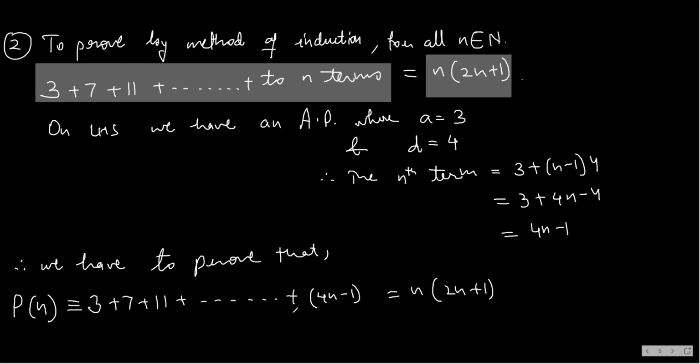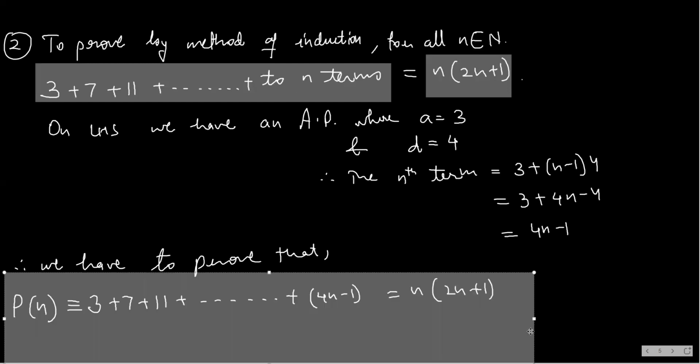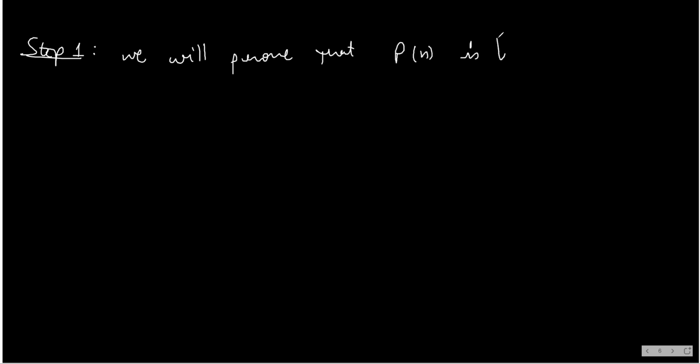Okay, now what? I go for step 1. What is step 1? I will prove that this P of n is true for n equals to 1. So step 1 I write, we will prove that P of n is true for n equals to 1.